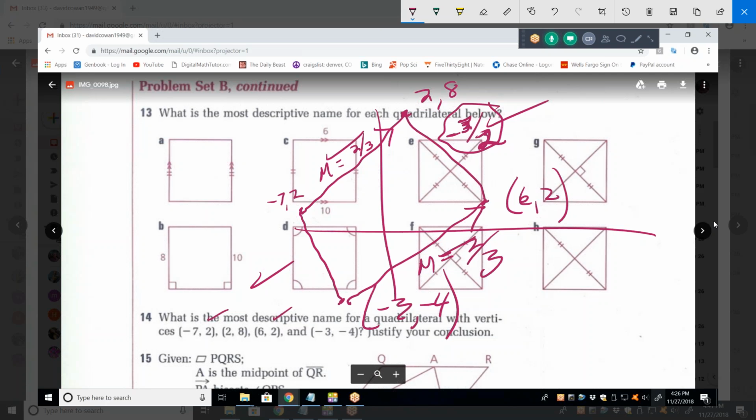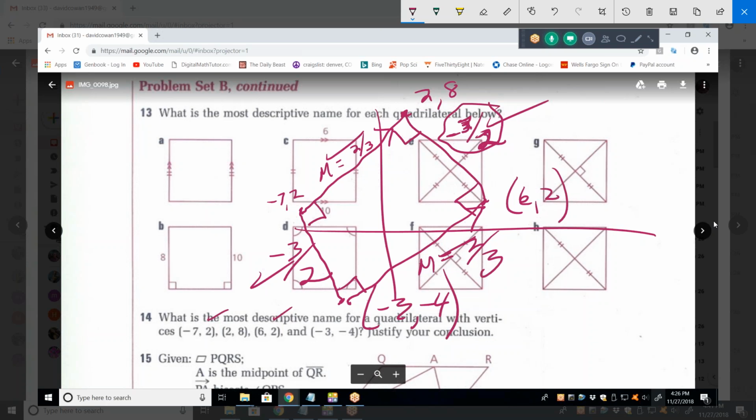Okay, which is also negative 3/2. Mm-hmm. So since the slopes are the negative reciprocals of one another, what is this figure? What's the most descriptive name? A rectangle. Yeah.